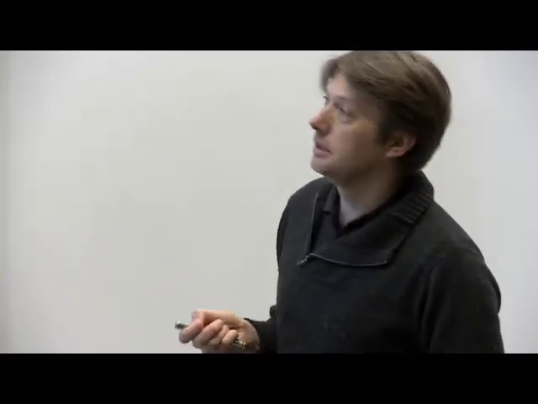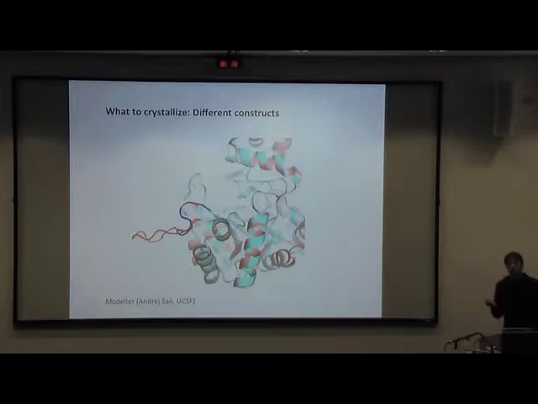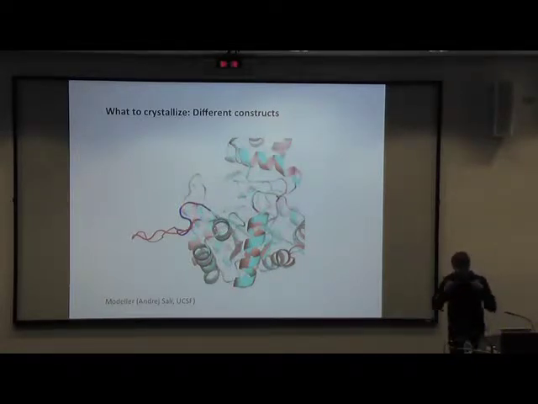Another useful thing to do, and this is something that we recently did with my student in the lab, Ulla, is that if you have a homologous structure, and for some reason you want to solve another structure that is related, you can use threading algorithms to mold your protein sequence into an existing structure. That can be for a domain, or for an entire protein.